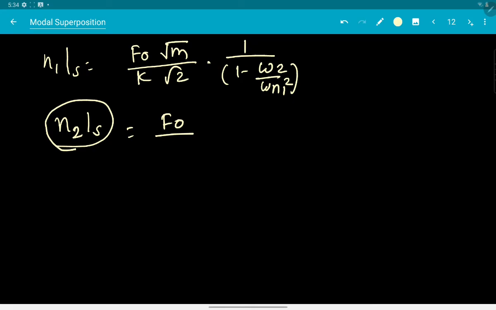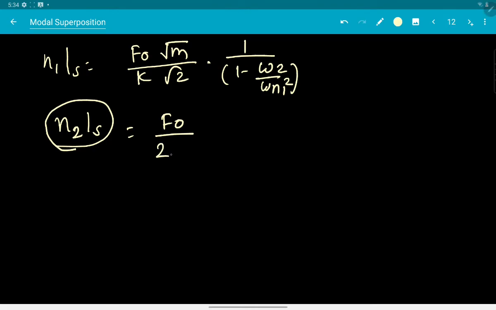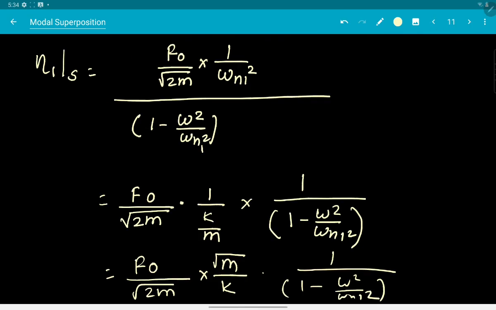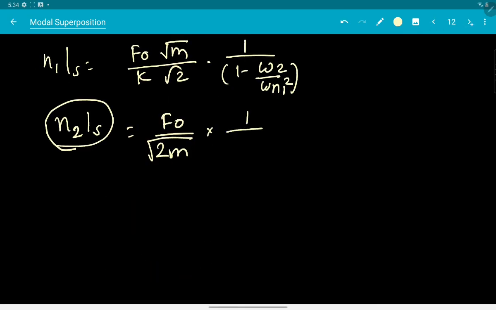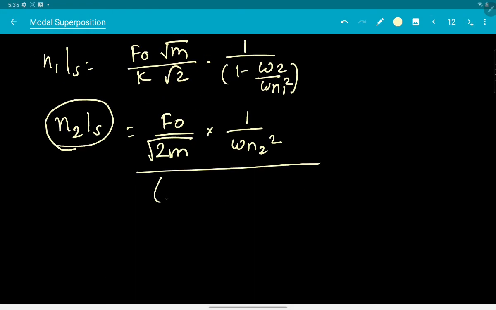In this case it will be equal to f0 divided by square root of 2m into 1 over omega n2 square divided by 1 minus omega square by omega n2 square.